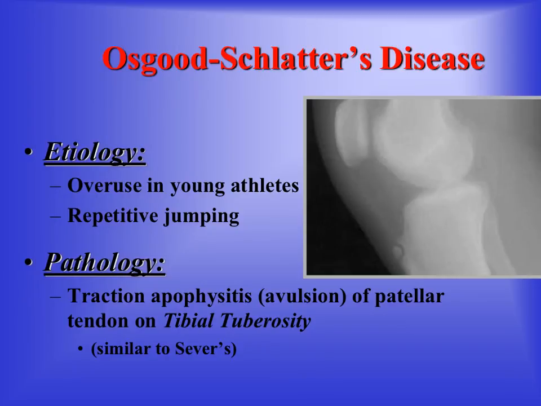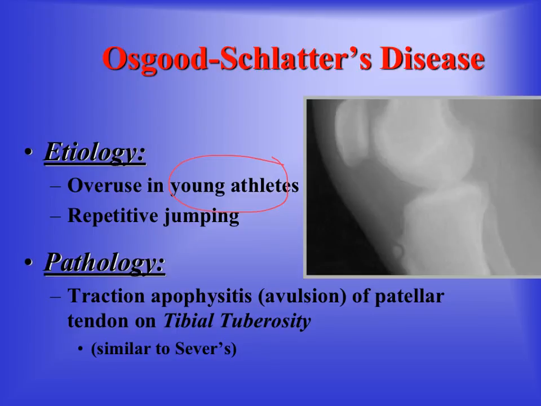It typically occurs because we as young athletes tend to suffer from overuse, right? And so we most commonly see this in basketball athletes whose parents were pushing them to practice several times a day, and as a result, the quadriceps were really tight, and it was causing the patellar tendon to pull away from the tibial bone.